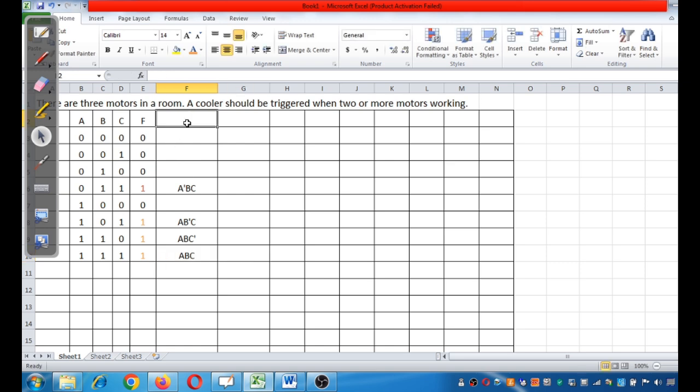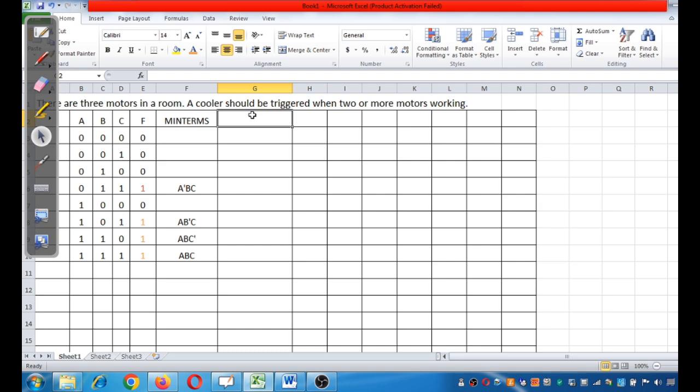And I can call these terms min terms. And I can designate them.